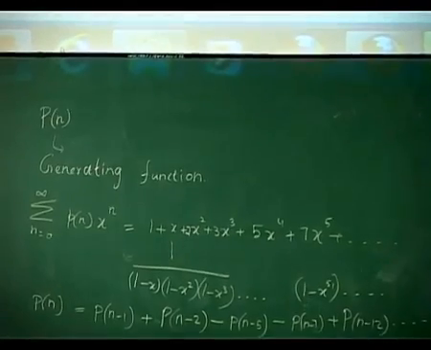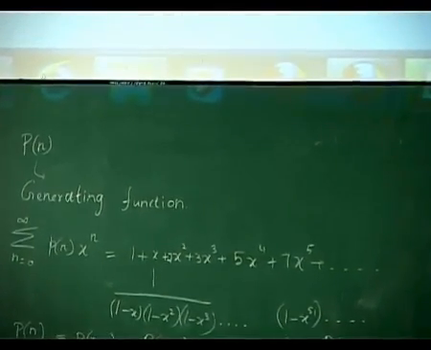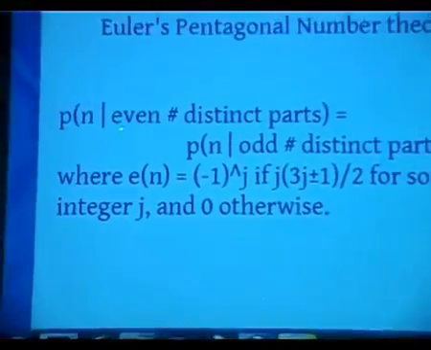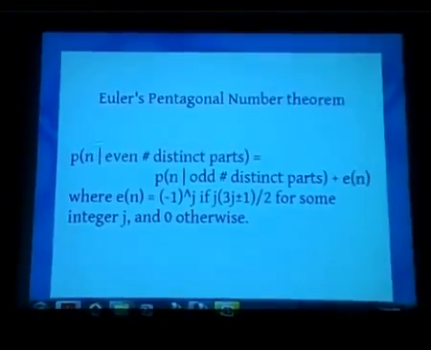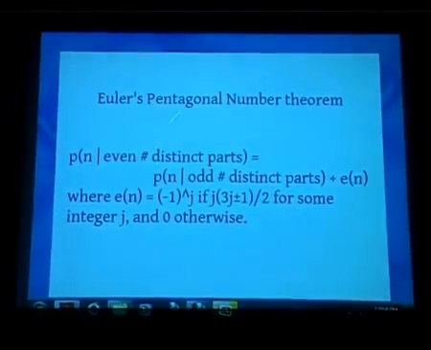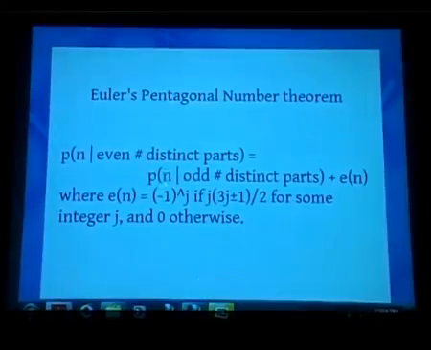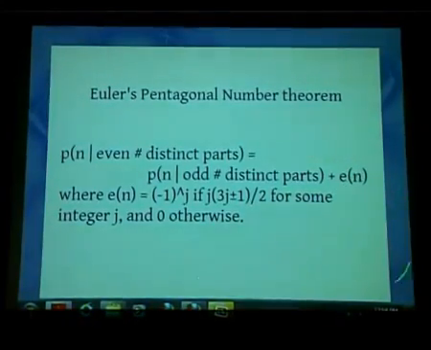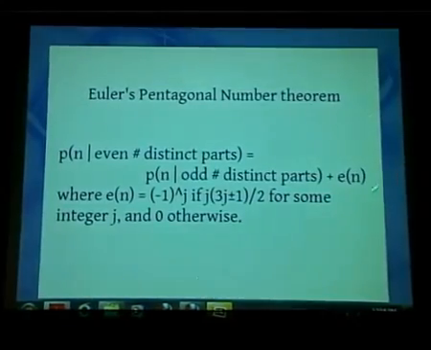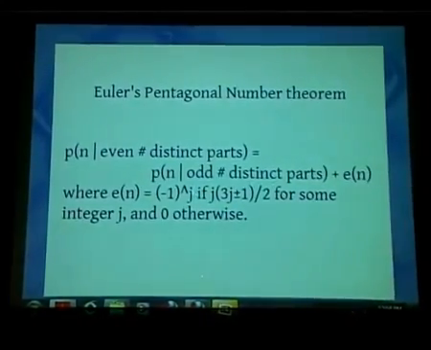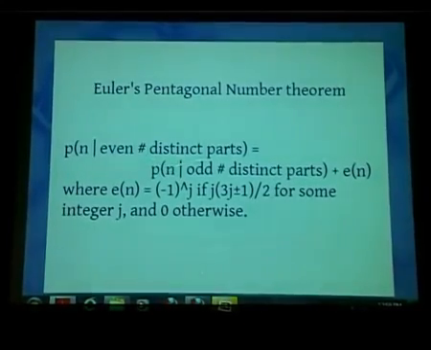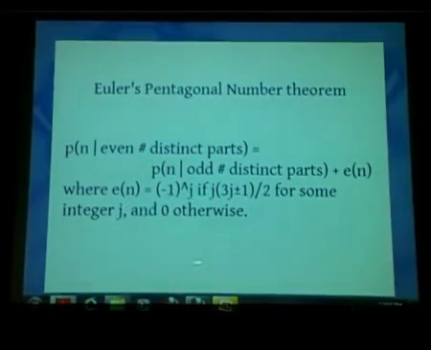So using all these things, he has one more identity which is called Euler's pentagonal number theorem, in which the number of partitions having an even number of distinct parts is equal to the number of partitions having an odd number of distinct parts plus some E of n. This E of n is plus or minus 1 when the integer n is a pentagonal number.